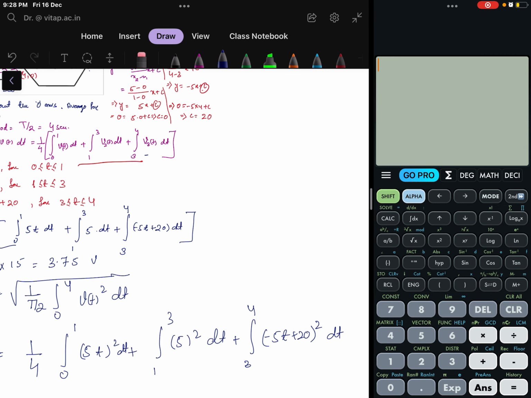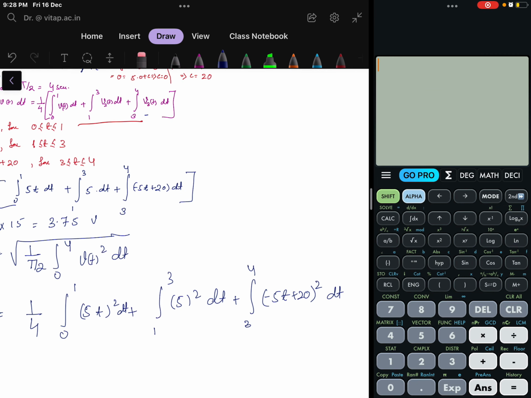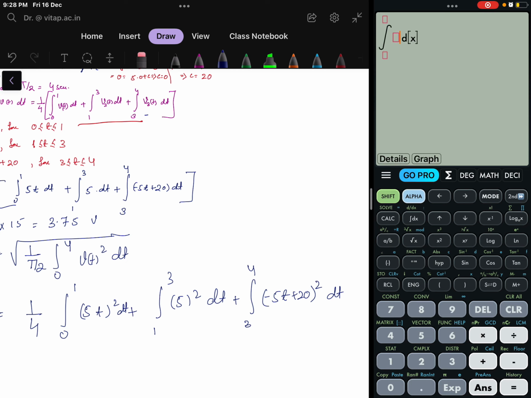Okay, we will write it again, so that it will be easy. So, first one is your integration of 0 to 1, and here it is square of 5x. So, not 5x, actually we have to give the bracket here, square of complete 5.